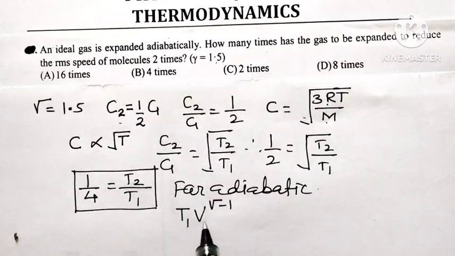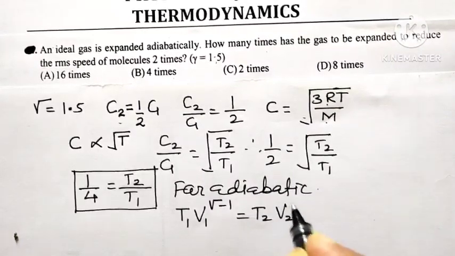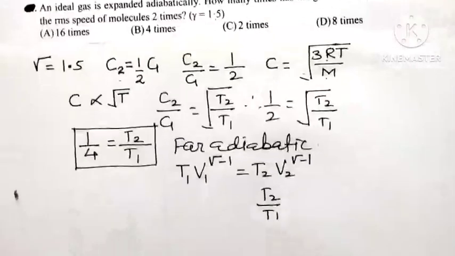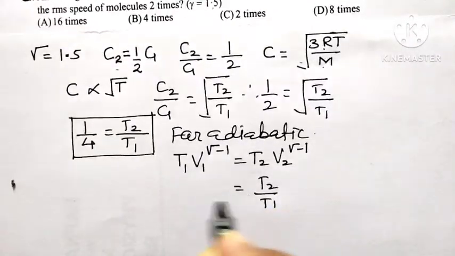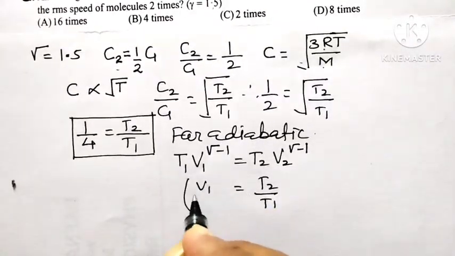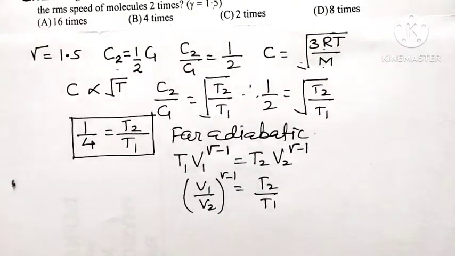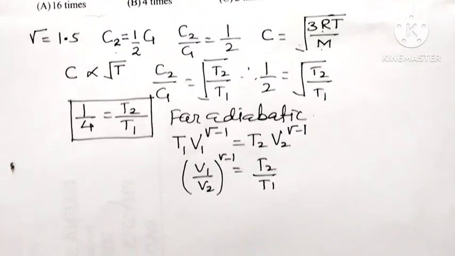It means T1 into V1 raised to gamma minus 1 is equal to T2 into V2 raised to gamma minus 1, or T2 upon T1 is equal to V1 upon V2 raised to gamma minus 1.